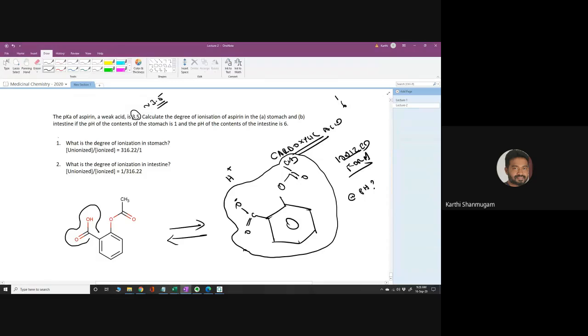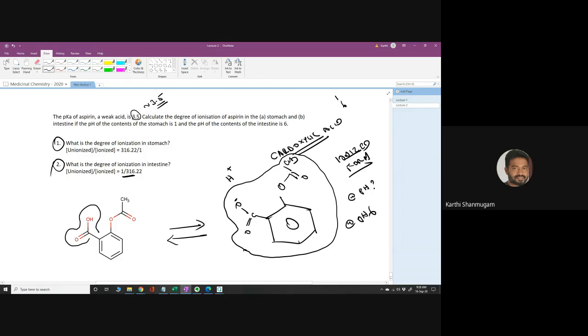That's a calculation we have made here. This is not a general question. At pH 6. Are you able to understand? So at pH 6, for every one molecule in its unionized form, there are going to be 316 molecules in its ionized form.